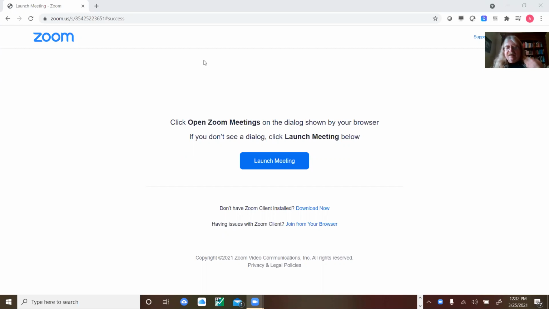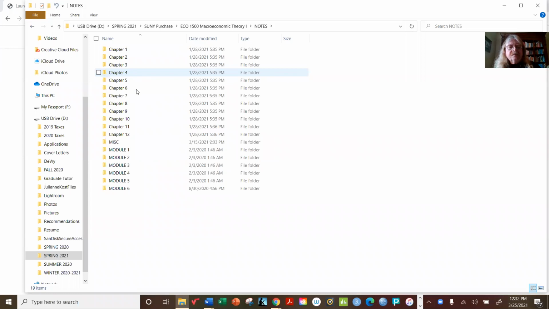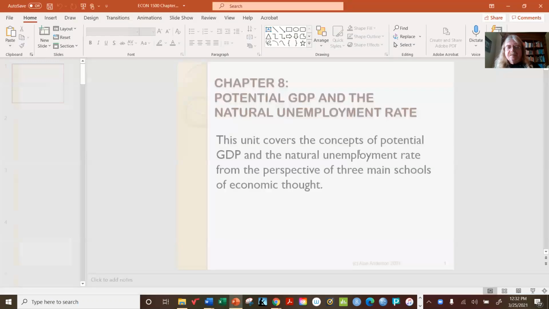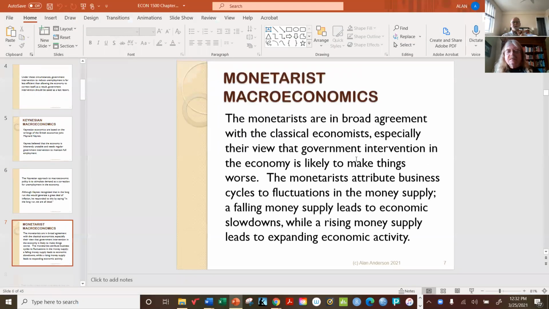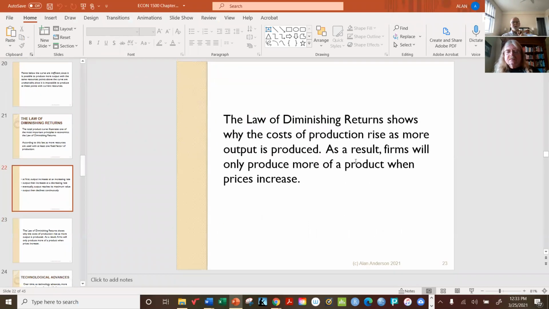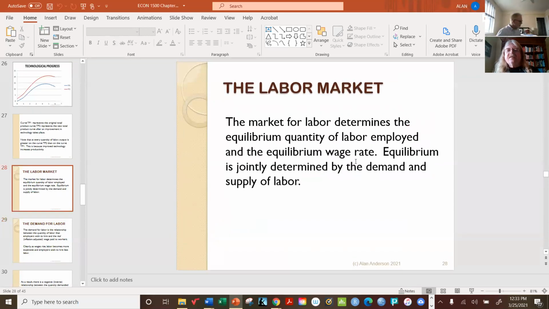All right, so here we are again. Let's get back to where we were. That was chapter 8. First, let me get it open here. So we've already done some of this. I think, oh, wait a minute. Law of diminishing returns. Oh, the demand for labor.